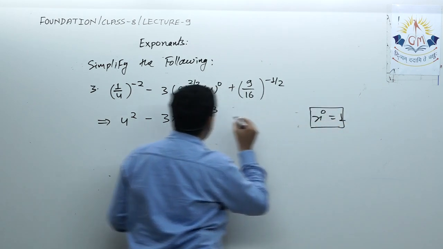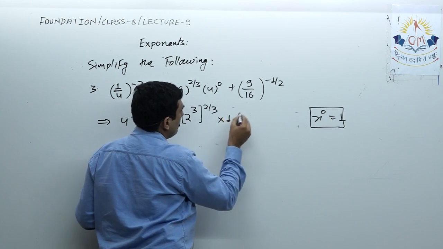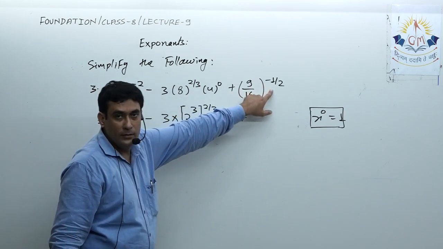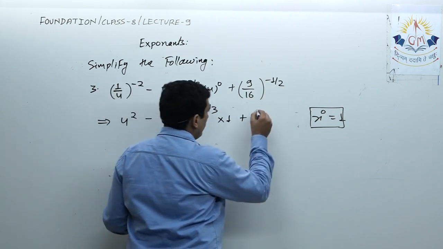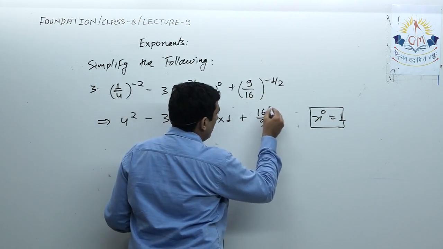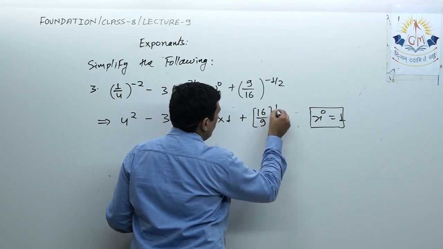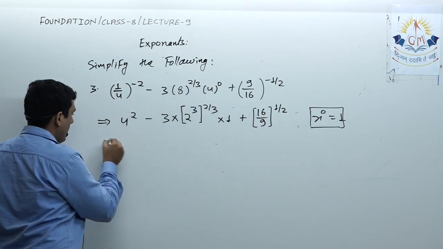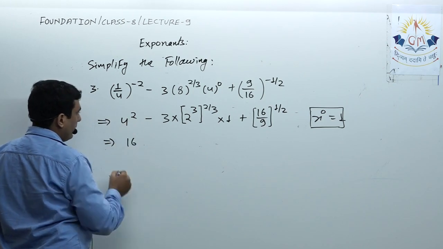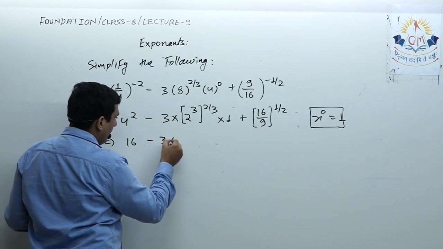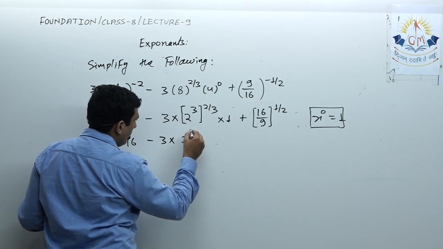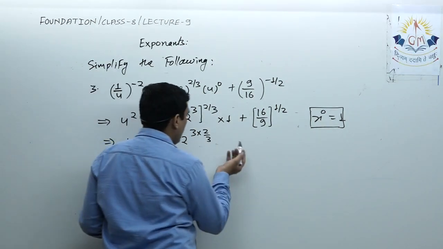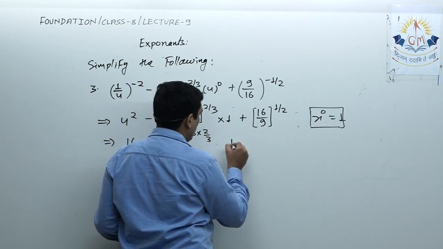So using this I will write 4 raised to 0, that is 1, plus, now first of all I will change the sign of the exponent, so 16 upon 9 raised to 1 by 2. Okay, so here 4 square, that is 16 minus 3 into, now if I apply the law, powers will be multiplied by 1, so it is the same thing only.